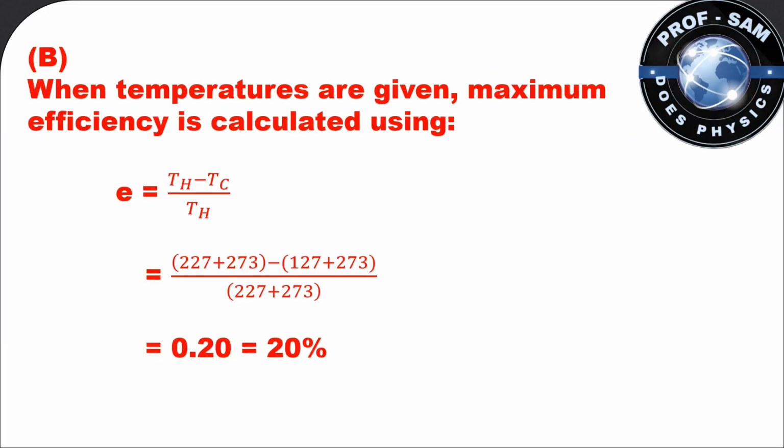That is the higher temperature minus the lower temperature divided by the higher temperature. So TH has the hotter temperature, the higher temperature. TC, the lower temperature, the cold temperature. So that gives us, don't forget, the questions are in degrees Celsius. So we convert to Kelvin by adding 273. So that will eventually give us 0.20 or 20% as our answer, option D.